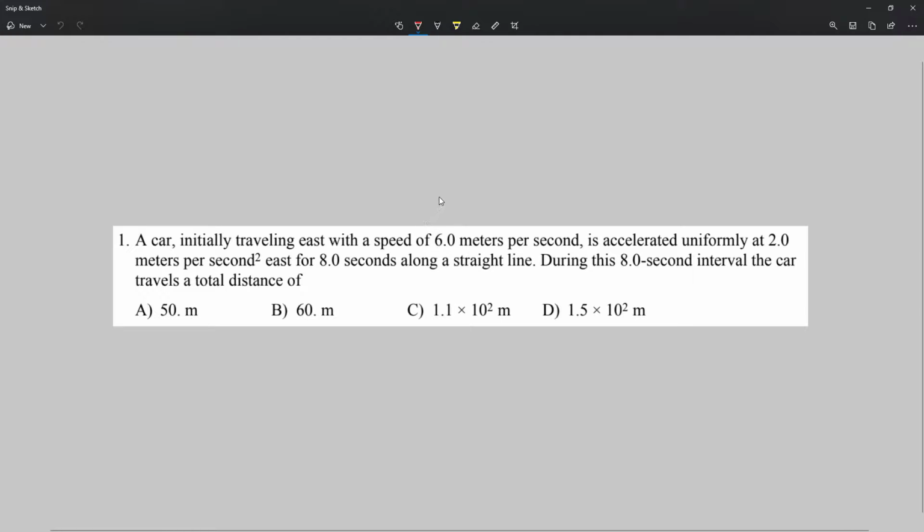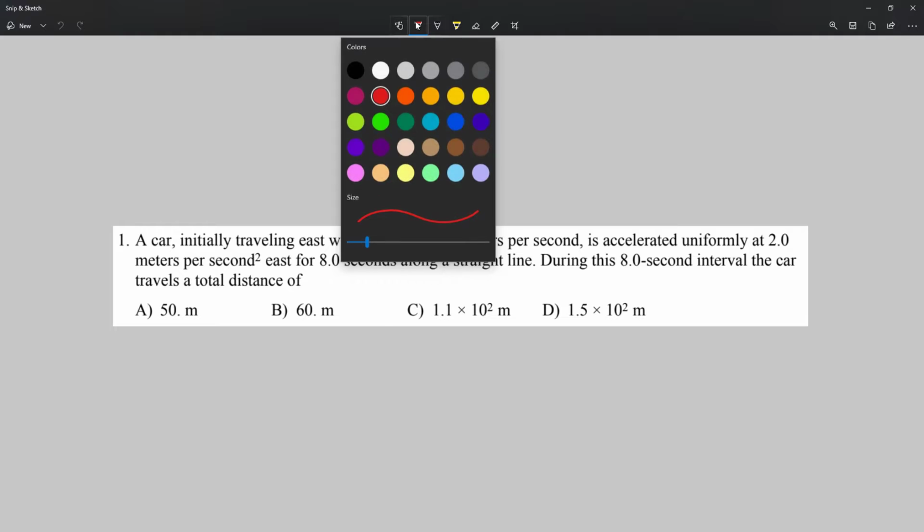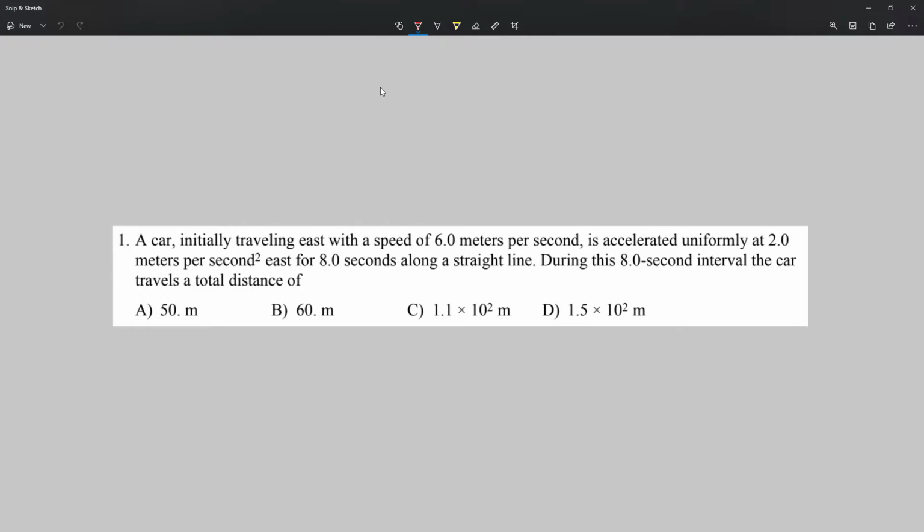So a car initially traveling east, right? So you have a car initially traveling east with a speed of 6 meters per second. So already you can see that this is a variable, right?